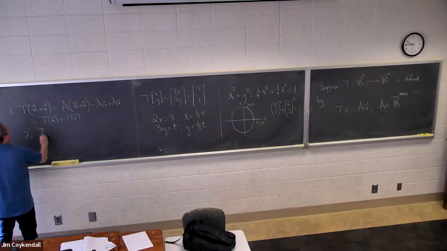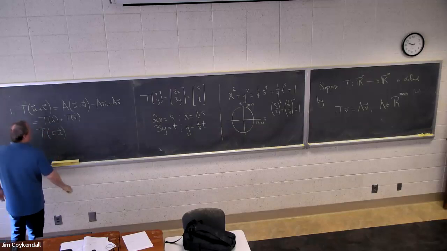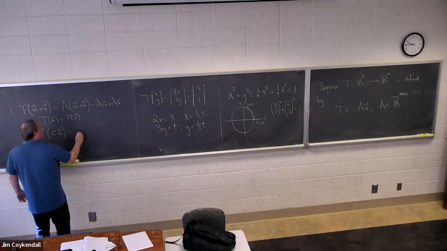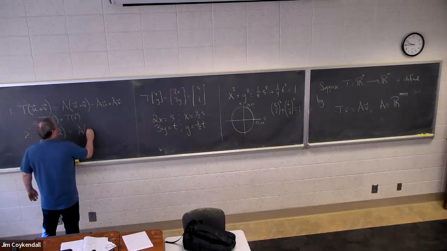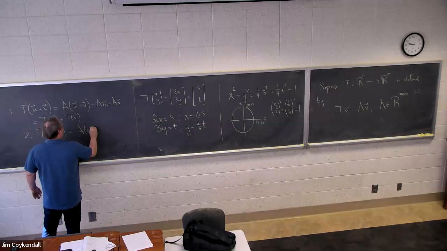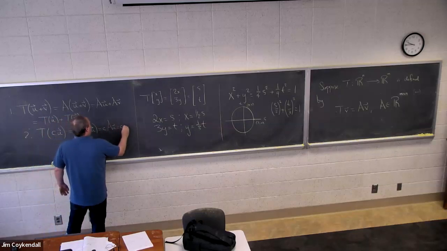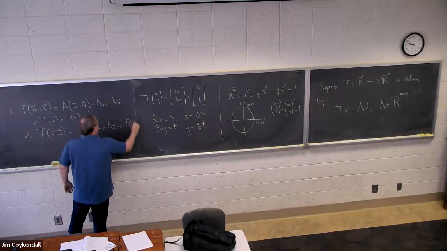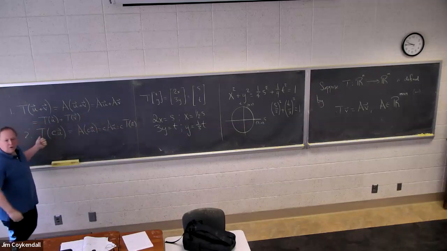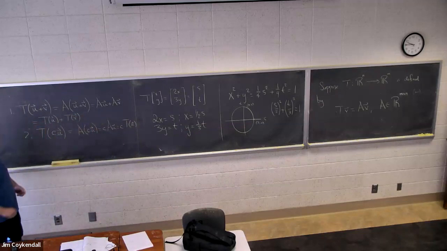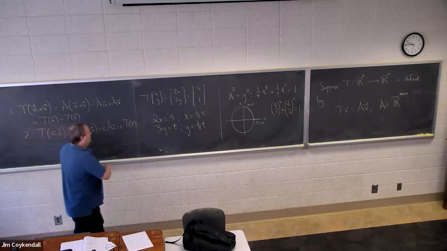If you have a constant c, then you can pull it out. This is A times cu, which is cAu. So you can pull a constant out of it as well, right?